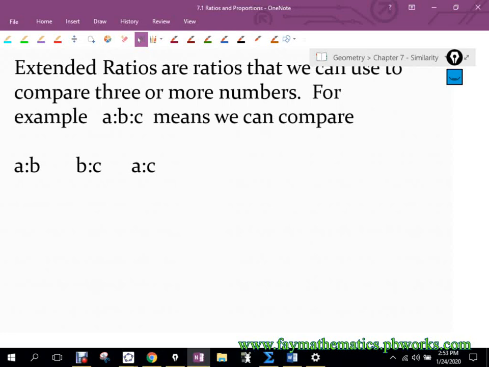We can do that, but we have to use a different type of notation. So one of the most common things is to say I've got a triangle here with side lengths A, B, and C, and I want to compare side A to side B, but then at the same time I want to compare side A to side C. And then I want to compare C to A and C to B and then B to A and B to C. So there's a lot of relationships here that I might want to compare.